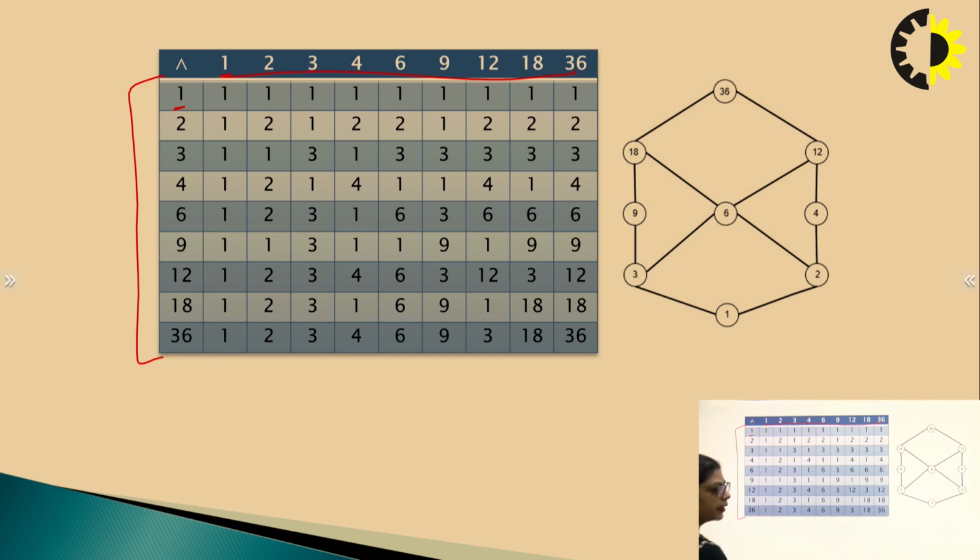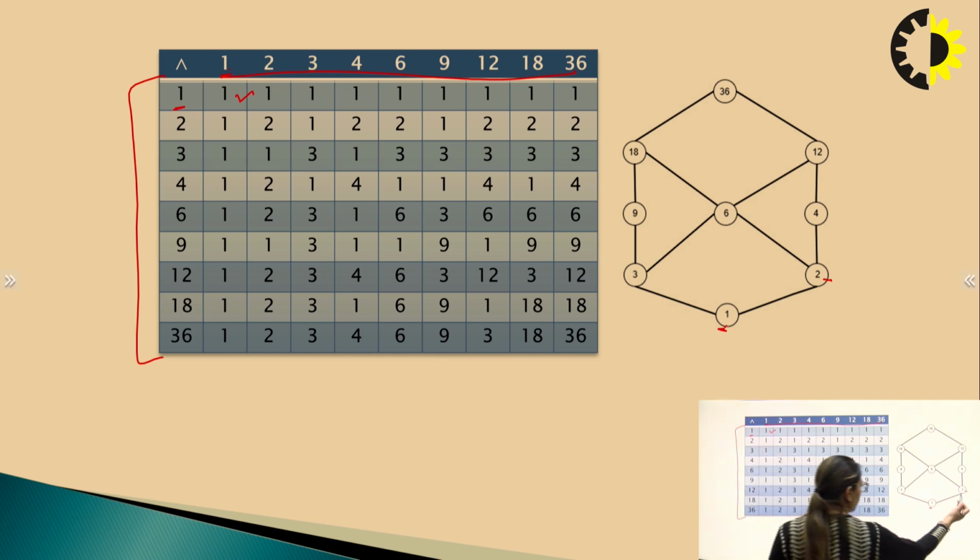According to the property, when we take a meet of an element with itself, we get the element itself. 1 and 1, we will get 1, okay. Now 2 and 1, right? For 2 and 1, on the lower side we have to see which one is the nearest.